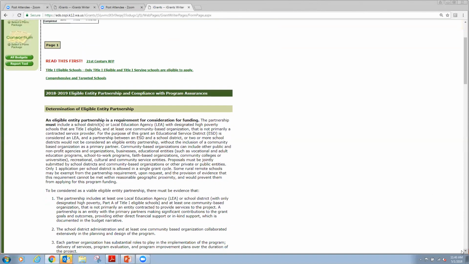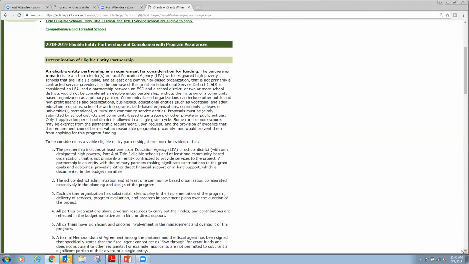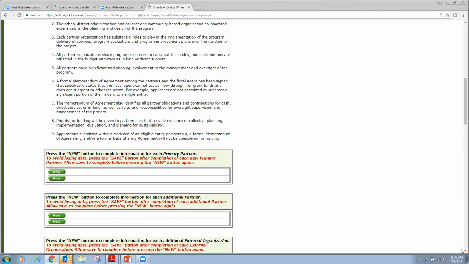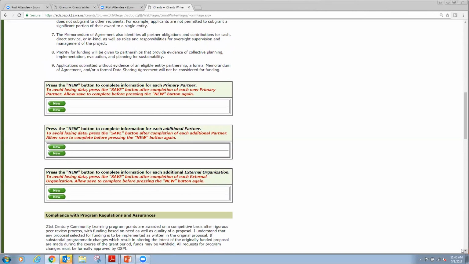As you scroll down on this page here, first is the assurances and partnerships section. This also gives all of the same requirements for a partnership and what would count as being eligible. Here, you have to click on the new button.